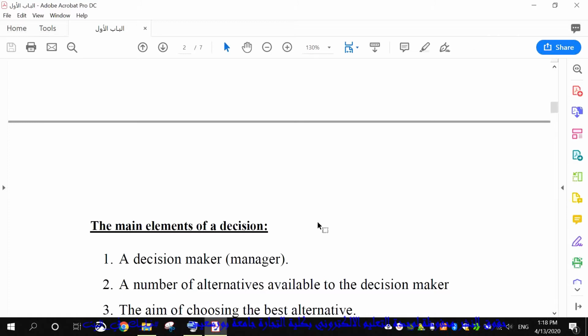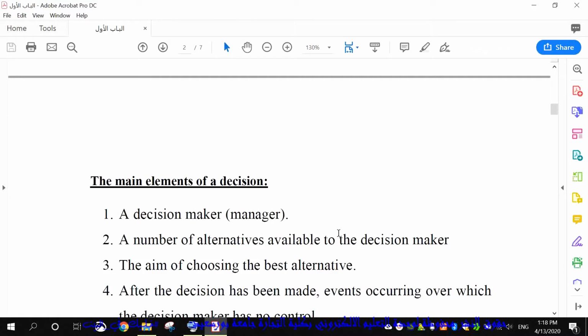The first topic, the main elements of a decision. The first one is the manager himself, or the decision maker. The second, the number of alternatives available to the decision maker. Number 3, the aim of choosing the best alternative.